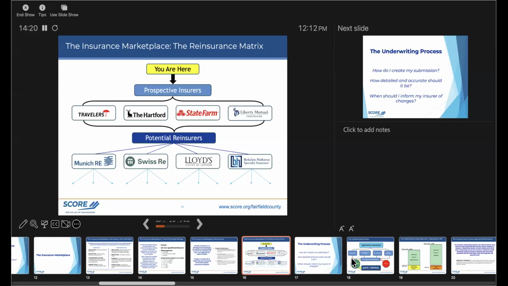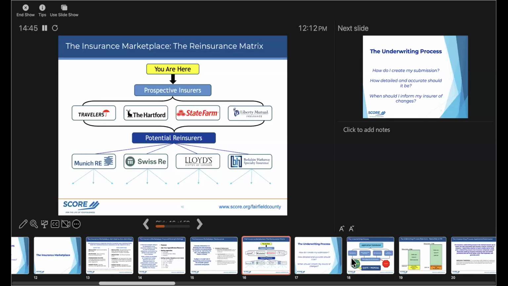So you go to them and buy a policy from them. They will reinsure it out to other reinsurance companies like Munich Re, Swiss Re, Lloyd's, Berkshire Hathaway. What are they doing? They're spreading the risk. And by so doing, they are now putting your risk into the global reinsurance marketplace.